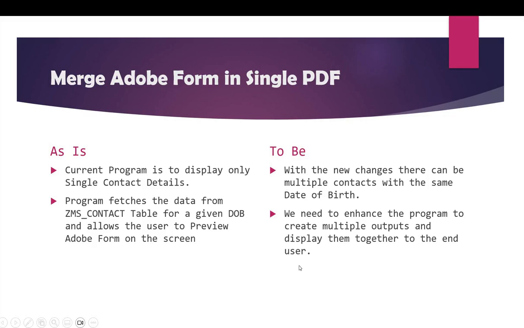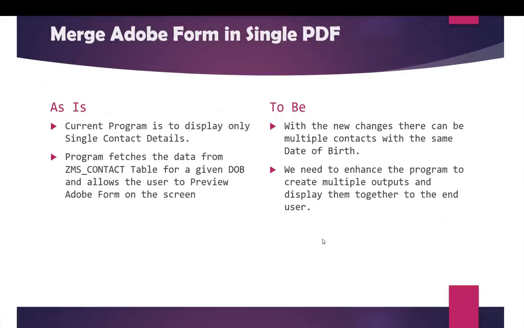With the new changes, we will take all the contacts with the same date of birth that has been supplied, and we will enhance the program to create multiple outputs and display them to the end user.